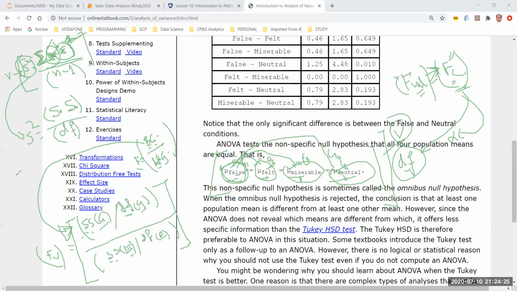This entire technique has a name, but I'm not going to name that right now. Maybe we can do this in the next session. As of now, what we have understood is that we have a null hypothesis out of the box for the ANOVA. The ANOVA technique is analysis of variance. It is used where T and Z test cannot be used because I have 3 or more samples.